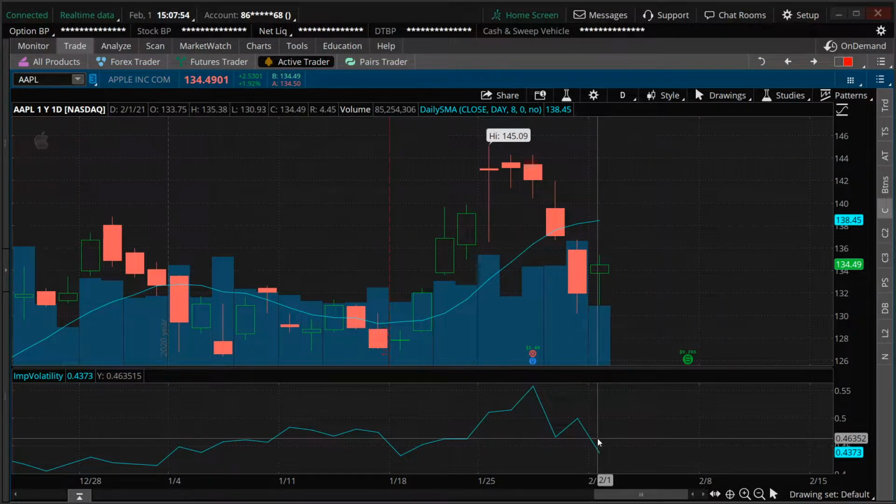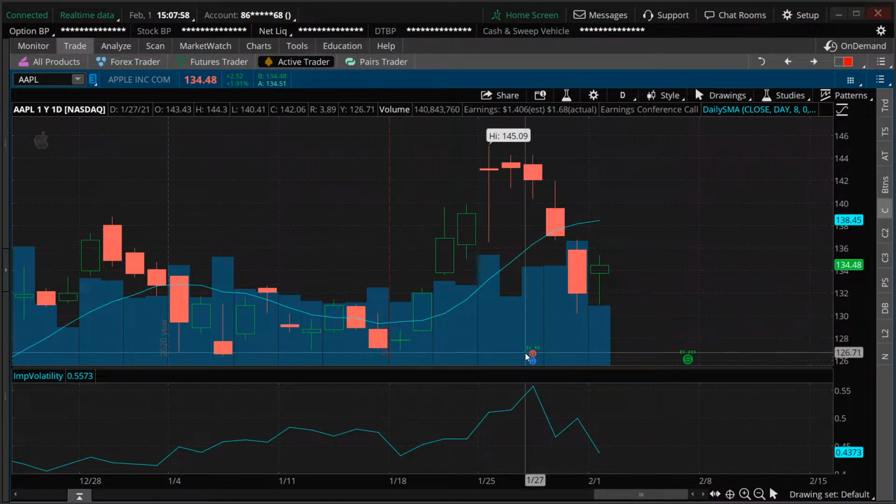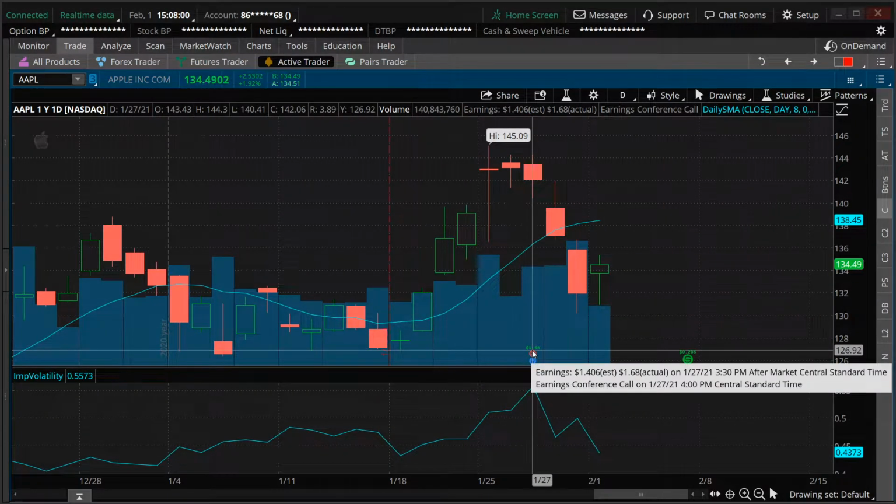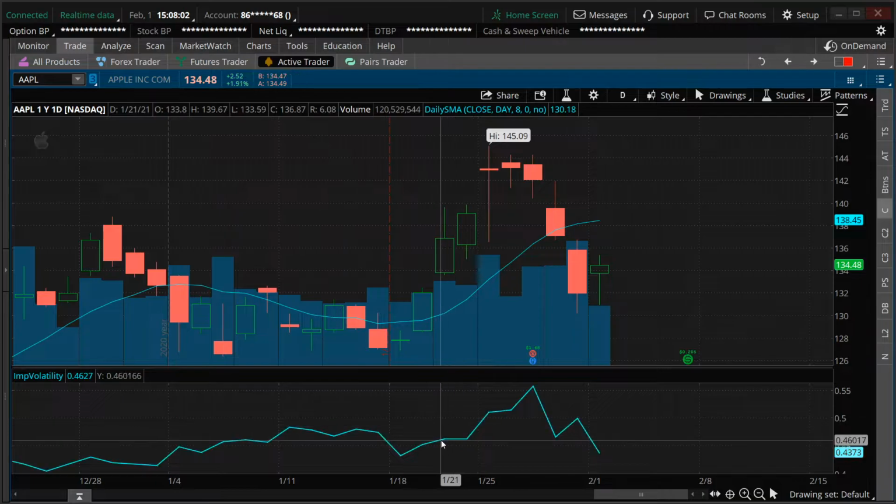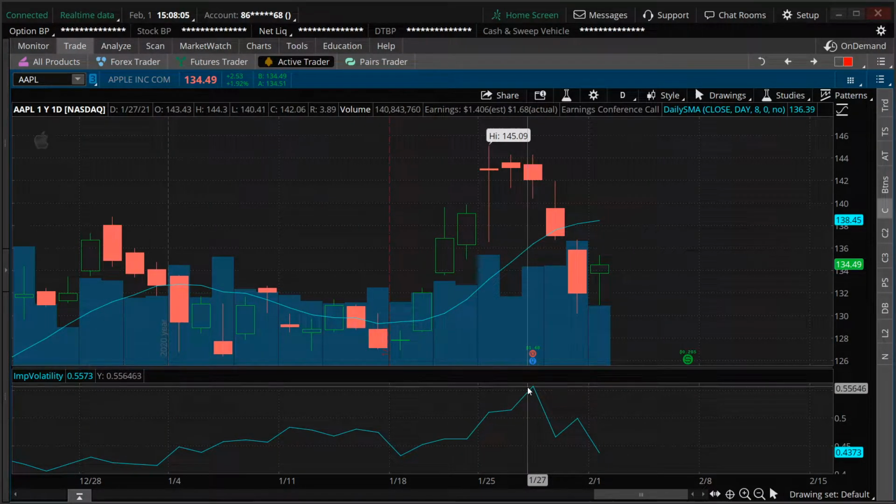For example, Apple had earnings right before the 27th, and volatility was going up into earnings. Why? Well, earnings are an unknown event. It's a catalyst. Around earnings, a lot can happen. They could come out with good numbers or bad numbers.